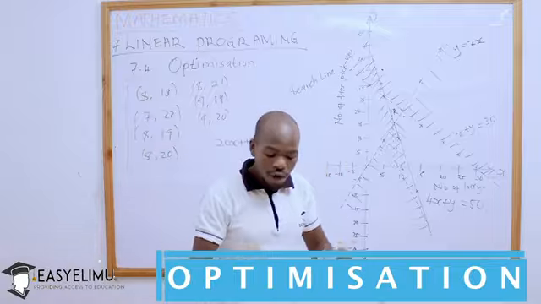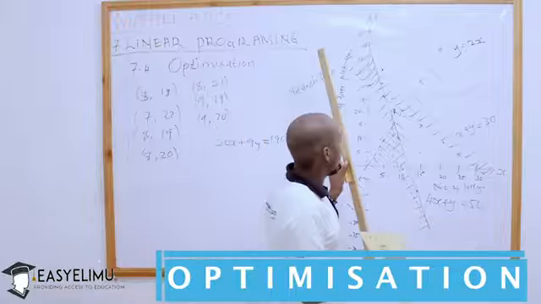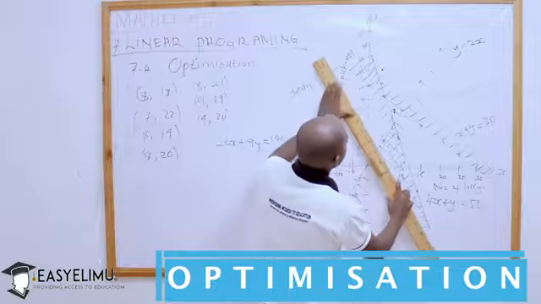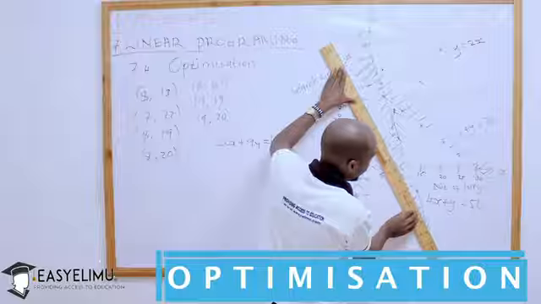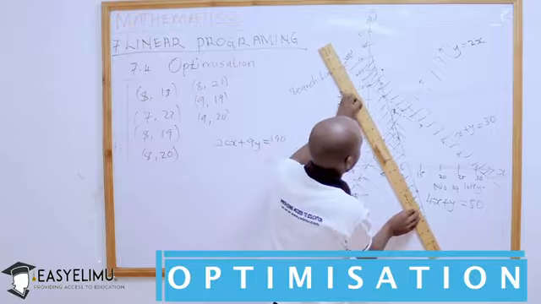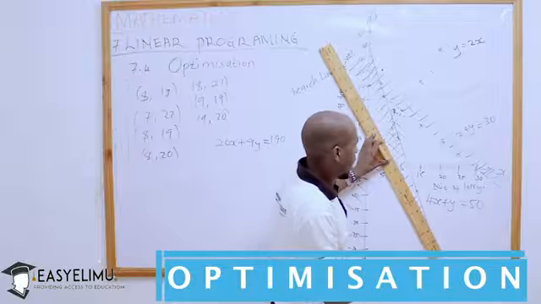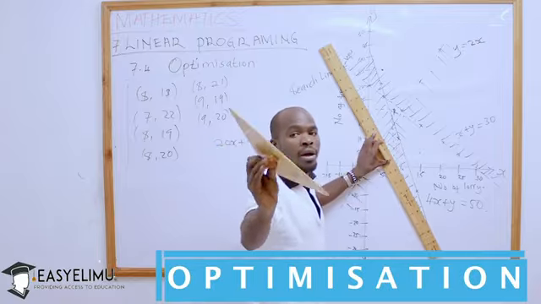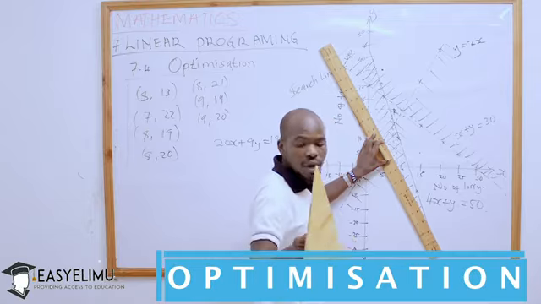Then you use your ruler, place the ruler on the search line this way. This is my search line. You place the ruler on that search line, such that it is parallel to that search line.